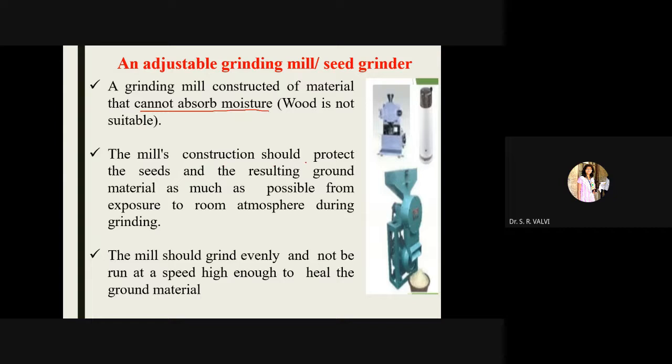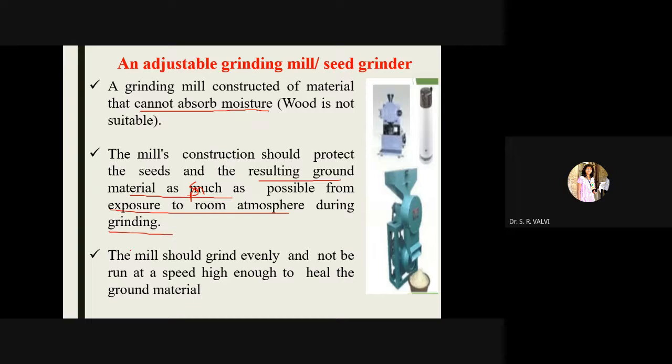So the mill construction should protect the seeds and the resulting ground material as much as possible from exposure to the room atmosphere during grinding, right? So the mill construction should protect the seeds.